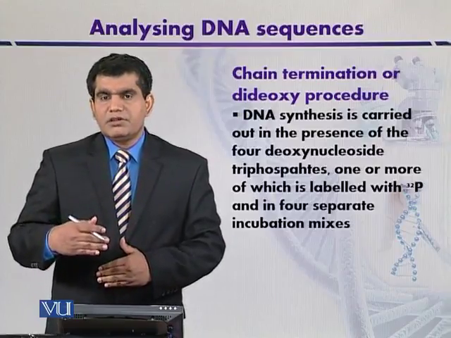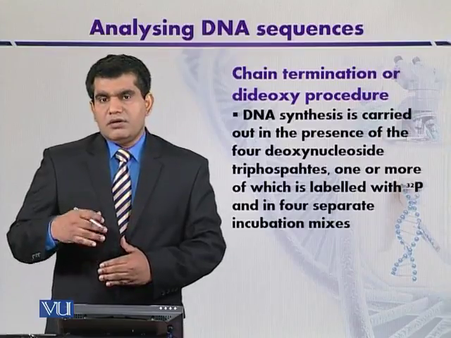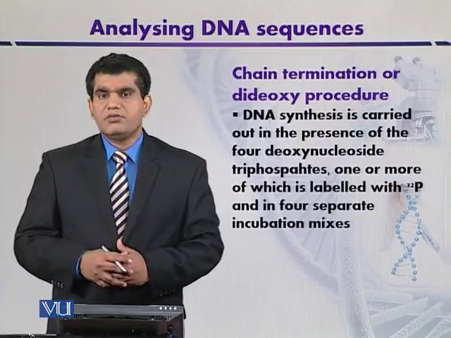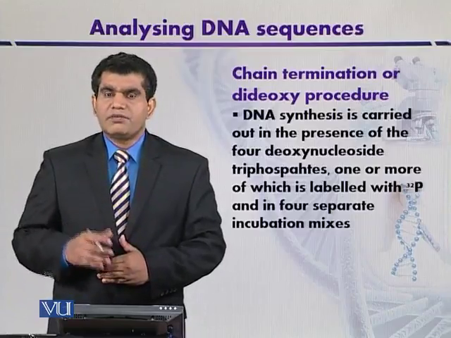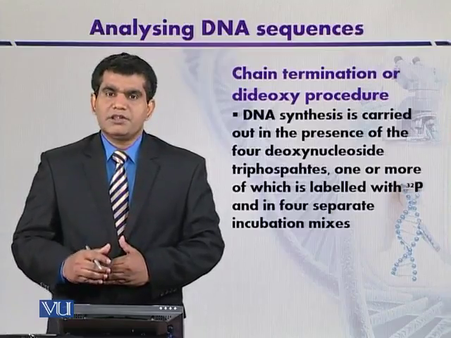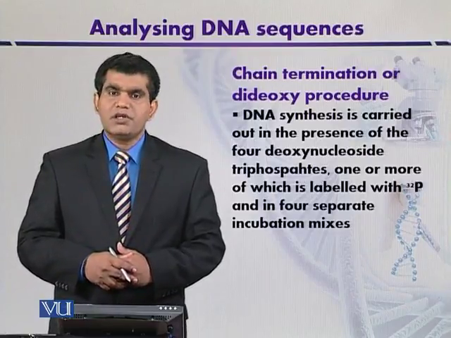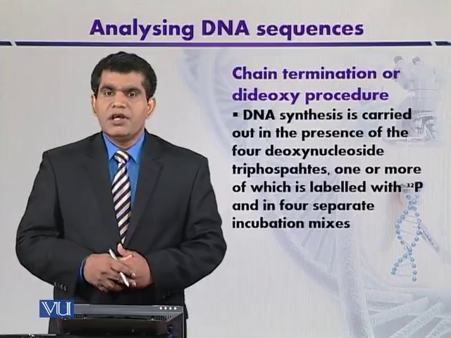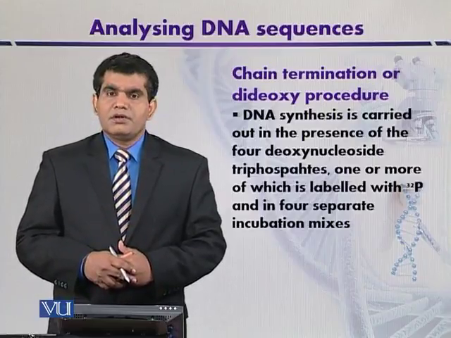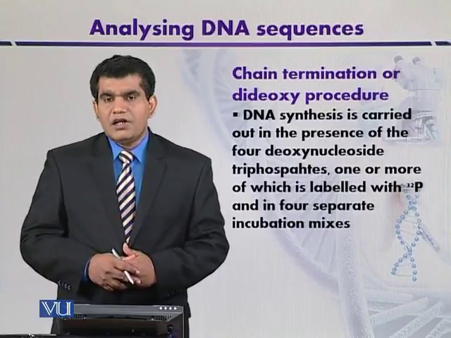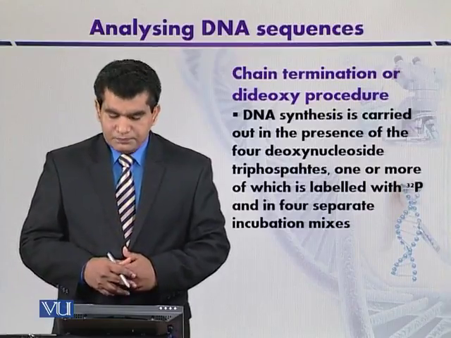When we obtain the reaction mixture after the complete reaction, we get a mixture of fragments that will be separated using agarose or polyacrylamide gel electrophoresis, and after separation they are detected by a technique called autoradiography.